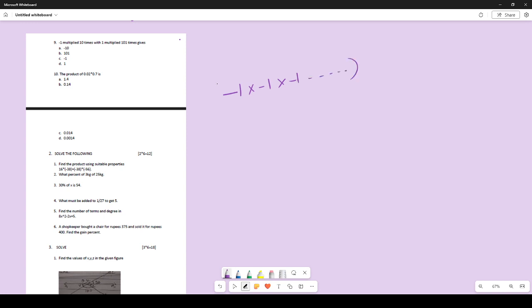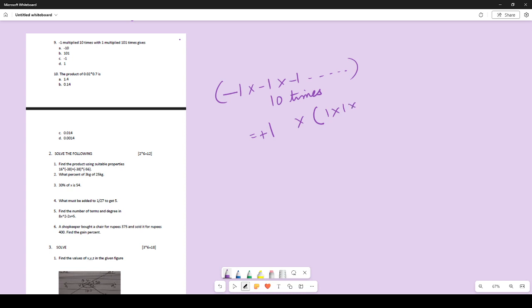This is how many times? 10 times. Now remember, this is even number. So even number of negative signs multiplied gives a positive sign. So this becomes +1.